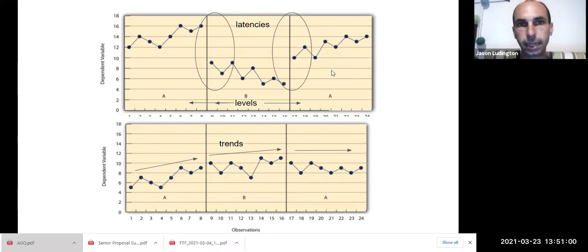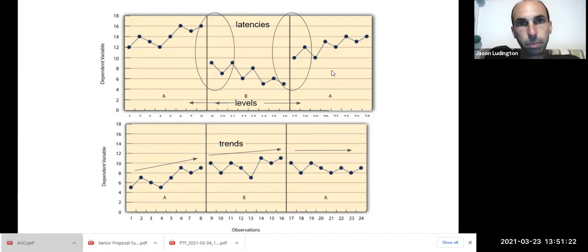The point is, we don't want to infer the latency only from a single observation after treatment occurs, because that single observation might be due to chance.